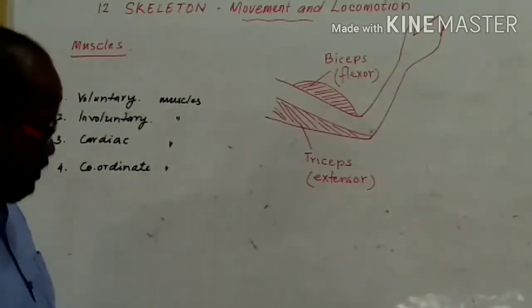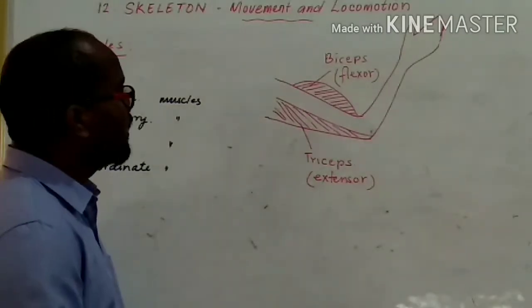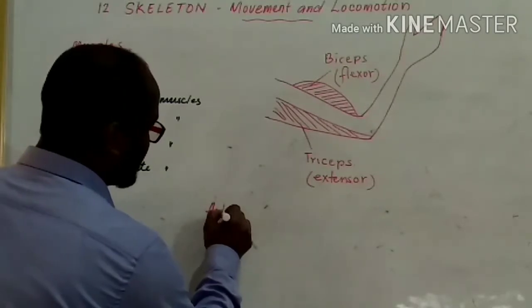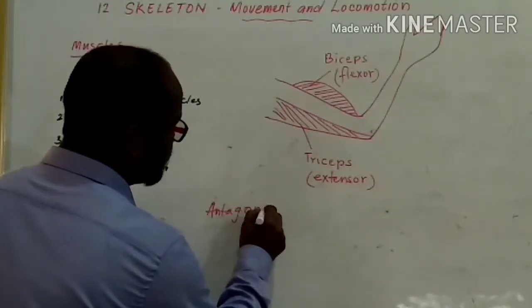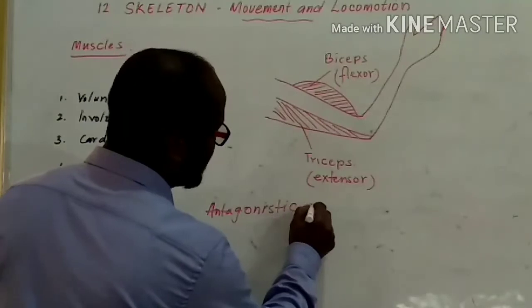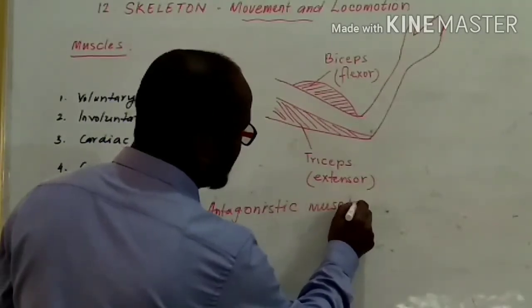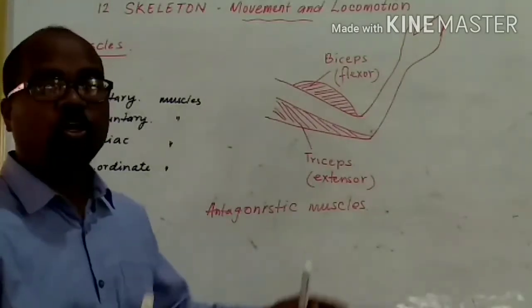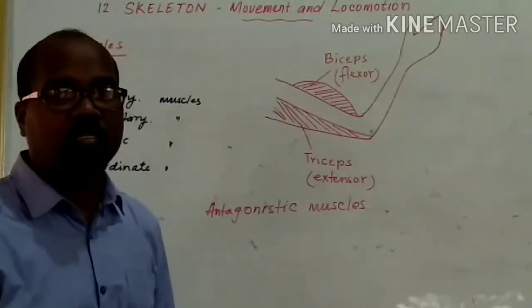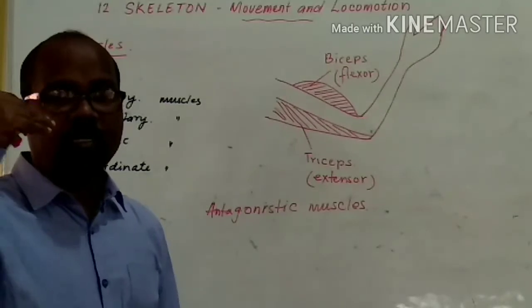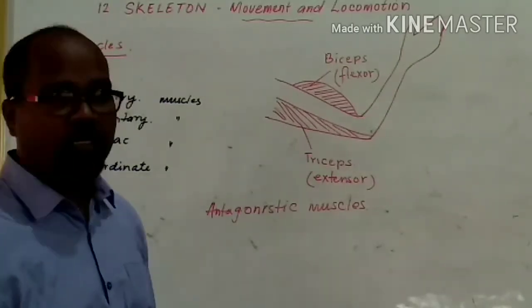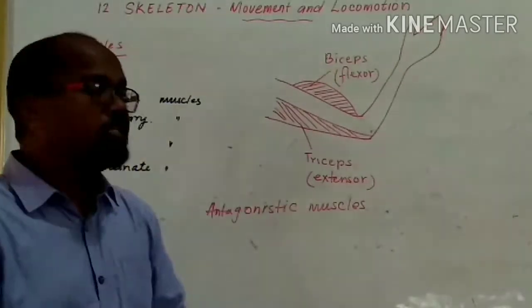Now, one more thing we have is the antagonistic muscles. Antagonistic muscles are muscles which work in opposite direction. If one is relaxing, the other is contracting. If one is contracting, the other is relaxing.